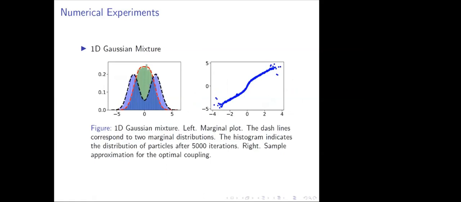The red and black lines again give the marginal distributions, and the histogram indicates the distribution of the particles after 5,000 iterations. You can see the marginals here are very close to the given ones. On the right-hand side, this graph represents the sample approximation of our optimal plan.